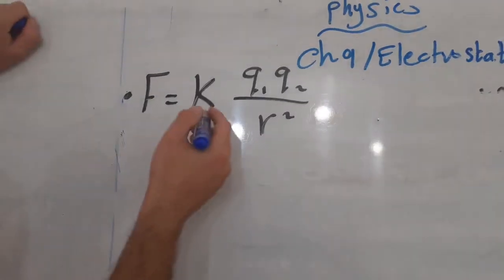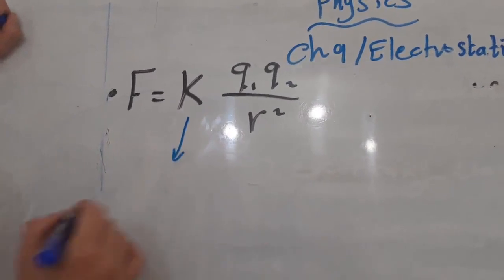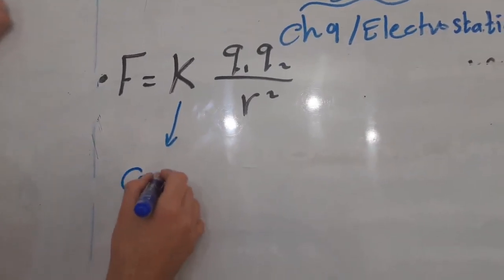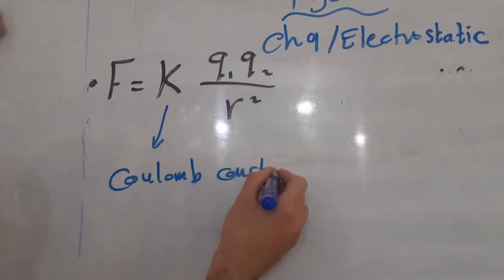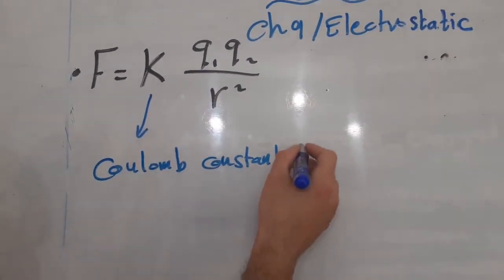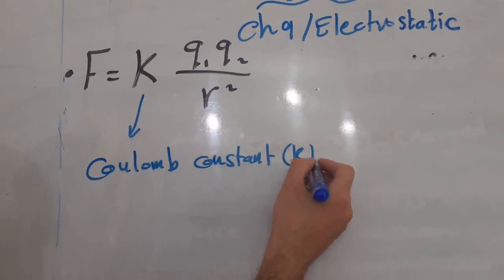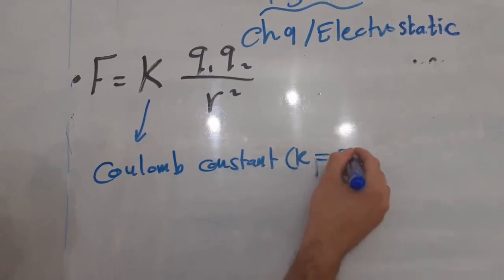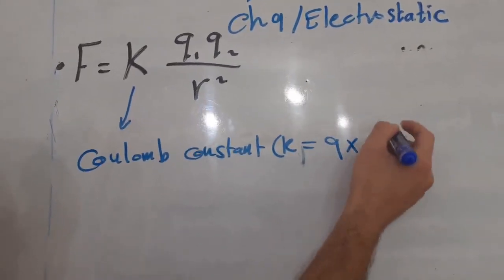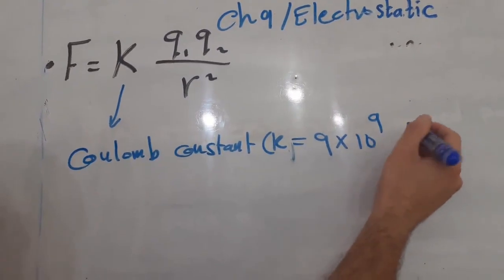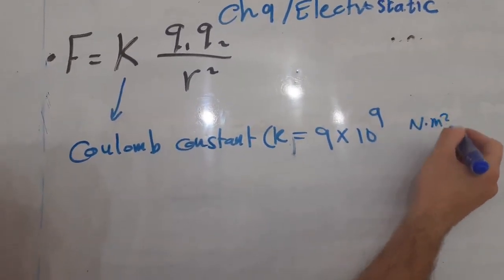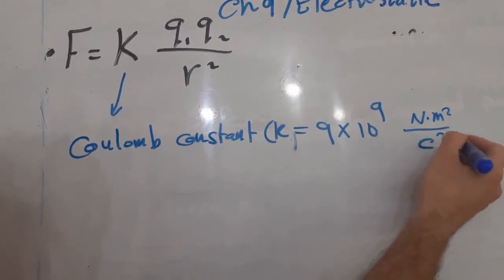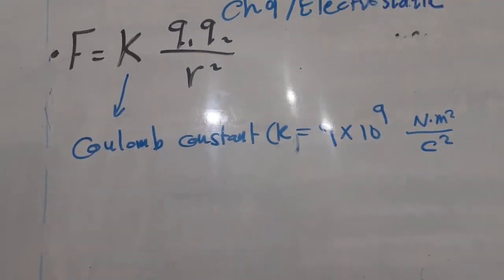Now K, this is Coulomb's constant. K equals 9 times 10 power 9 Newton meter square per Coulomb square.